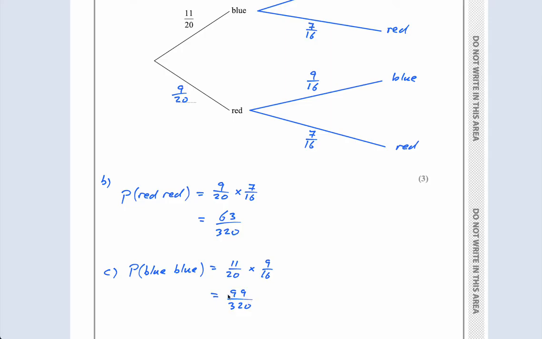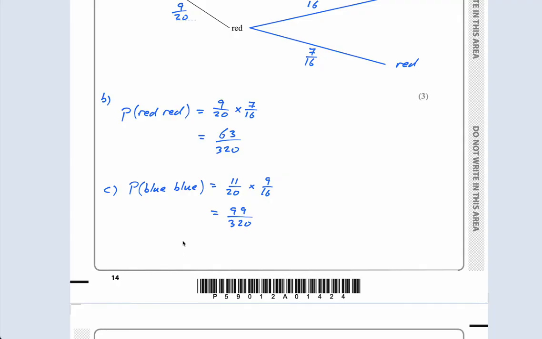But the question says both blue or both red. So the probability both blue or both red, I have to add. Notice I say or. I add when it's or.